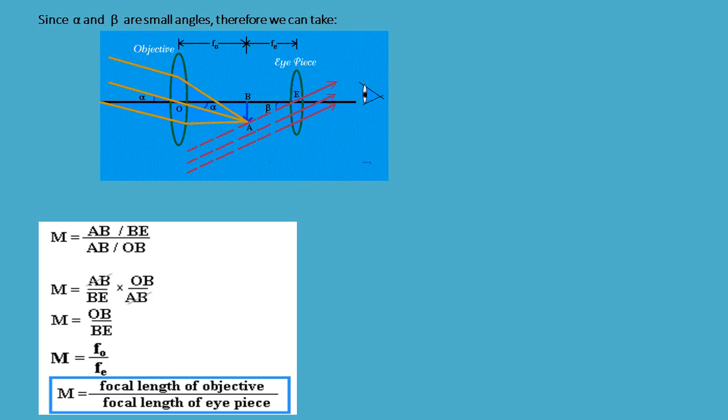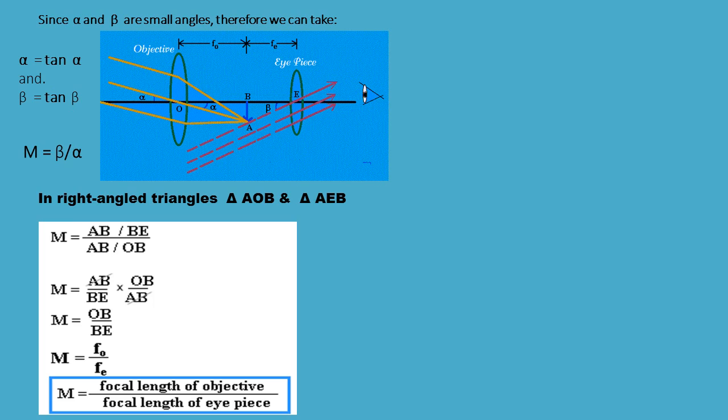Since alpha and beta are small angles, therefore we can take alpha is equal to tangent alpha and beta is equal to tangent beta. Now magnifying power is equal to beta upon alpha, as we defined it earlier, and in the diagram you see two right angle triangles AOB and AEB.